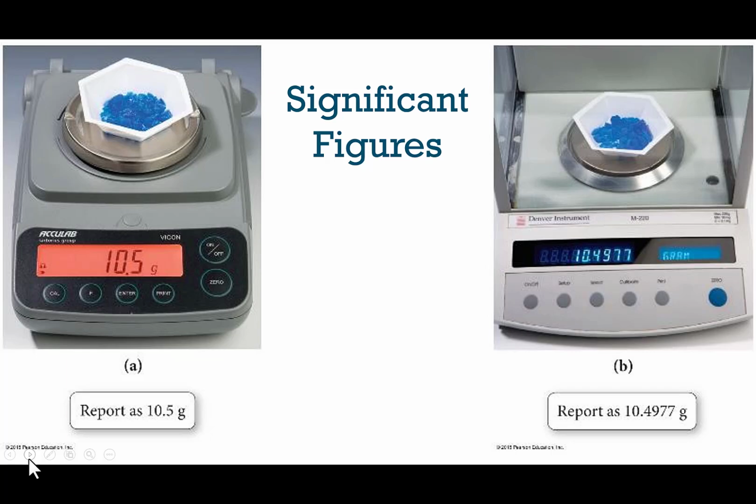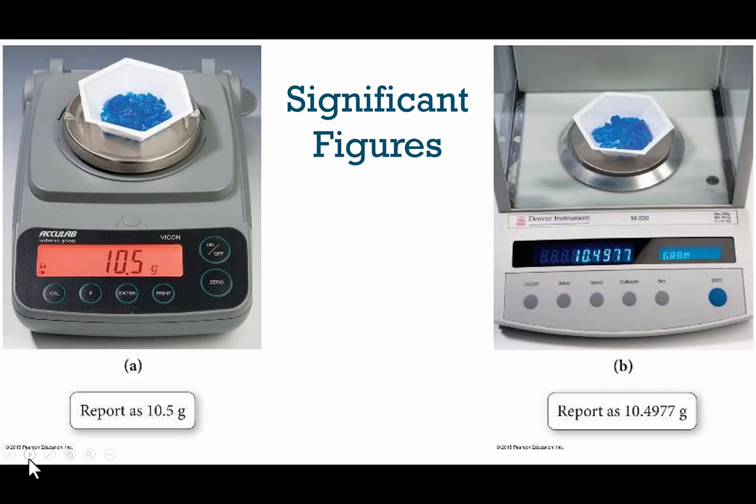So all of the numbers would be certain until that second 7. So uncertainty would creep in the 4th decimal place. So this would be a much better instrument to use. If I had to pick between these two, I would pick this second scale that gave me 6 significant figures and where the uncertainty creeps in a lot later.